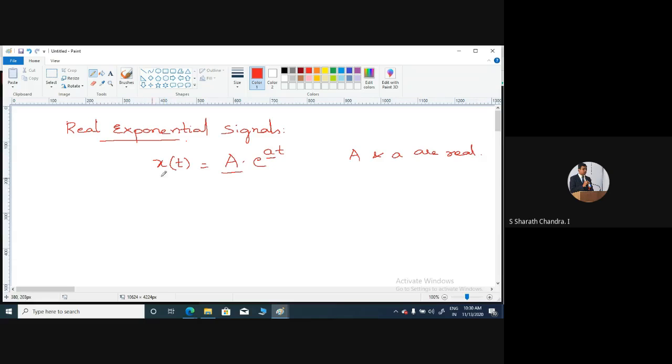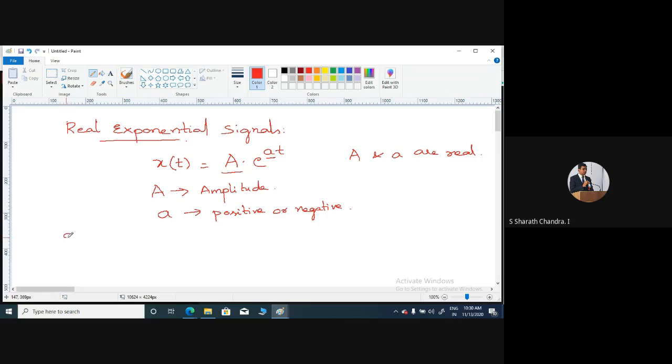The parameter A represents the amplitude of the exponential signal at t is equal to 0. And the small a can be either positive or negative. It can take any value. And depending upon the value of this small a, we get different exponentials.